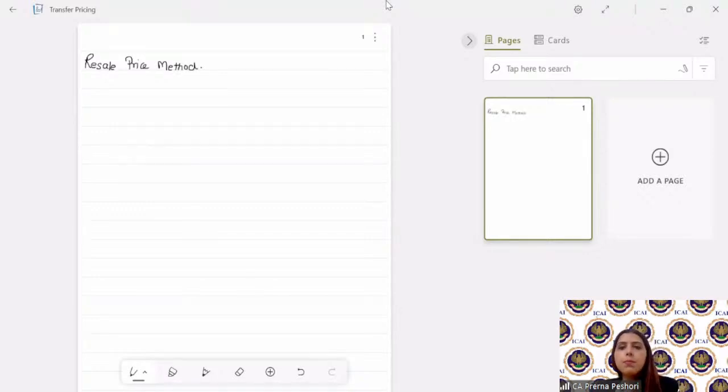Now in the resale price method, as the name tells you, it is basically going to look into the resale price margin. Now this is not based on the price comparison. This method is based on the comparison of the gross margin.